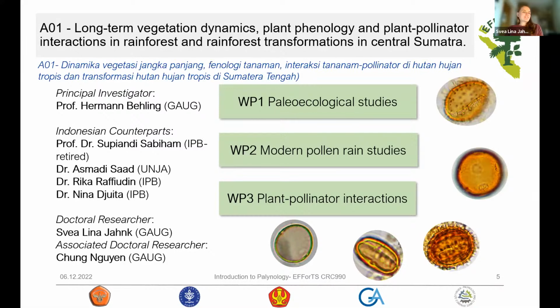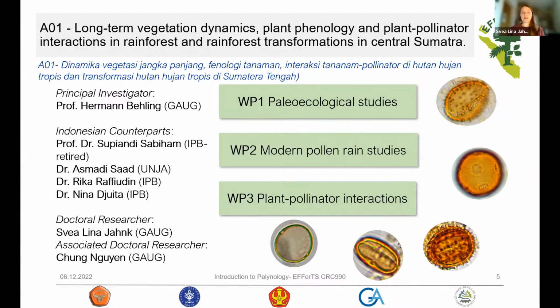Of course, this project is quite big, so I don't work on the entire project. I work in one small subgroup, which is subgroup A01, studying long-term vegetation dynamics, plant phenology, and plant pollinator interactions in rainforest and transformation systems. Here, we basically work with 3 working packages.